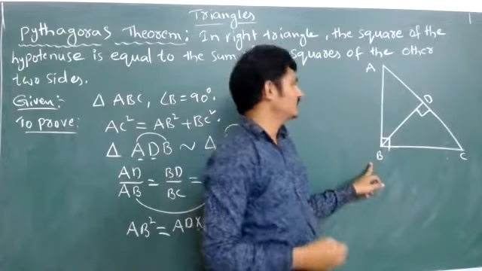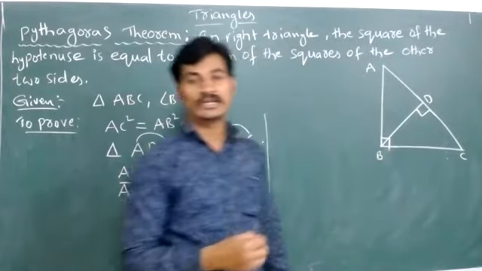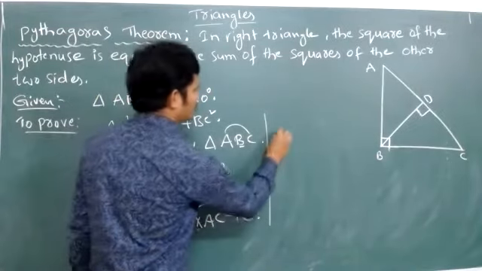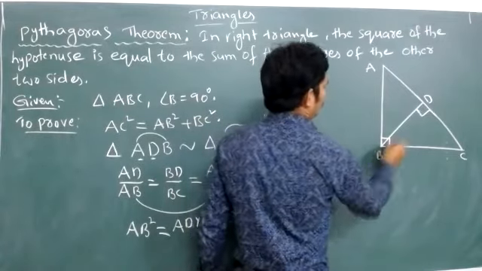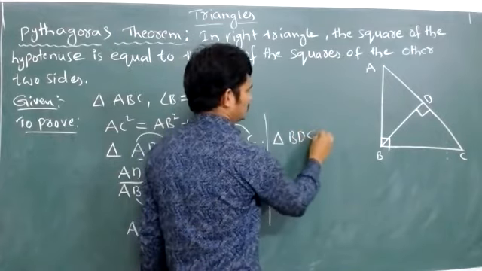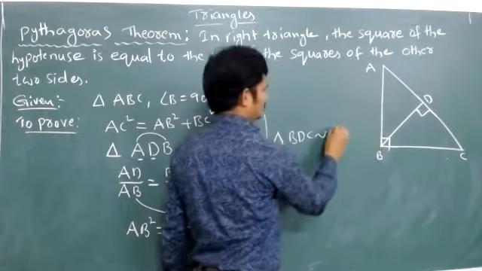So here also we can say this triangle and triangle ABC are similar to each other by the AA test. So we can write that triangle BDC is similar to triangle ABC.